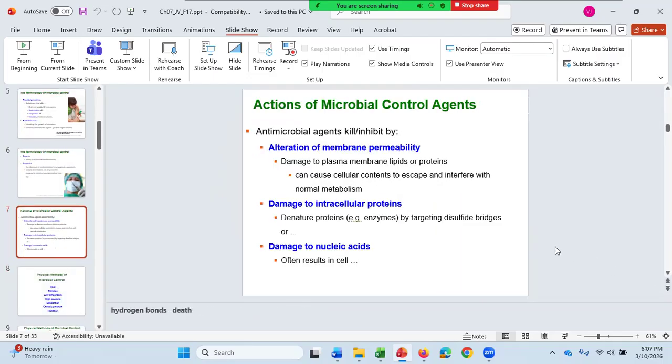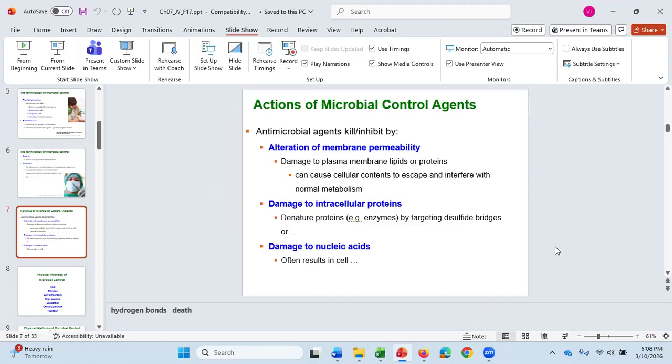All right, let's talk about the actions of antimicrobial agents. Antimicrobial agents kill cells by one of three means. They can alter the membrane permeability, such as damaging the plasma membrane. This will allow the lipids and proteins and carbohydrates to leak out of the cytoplasm.